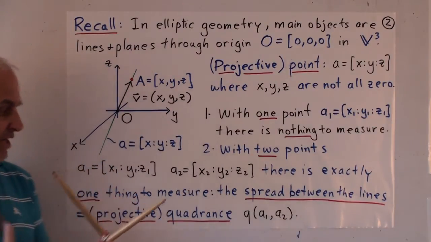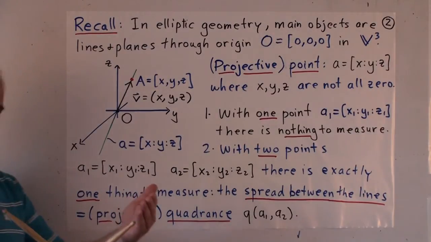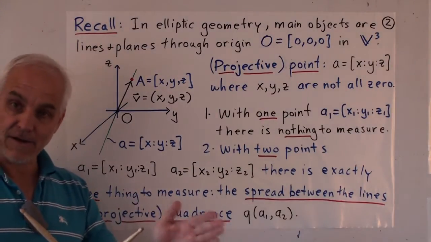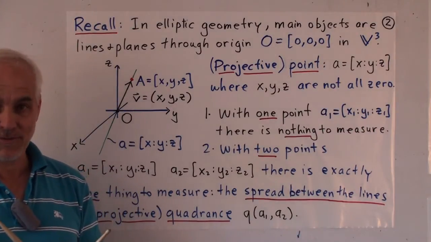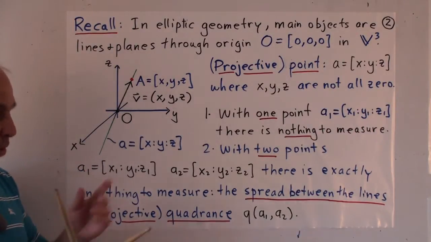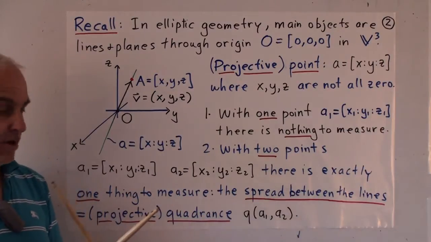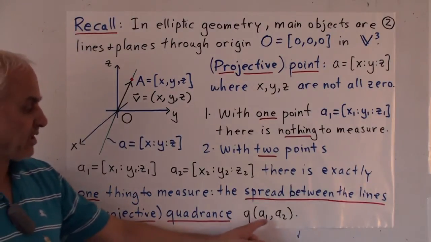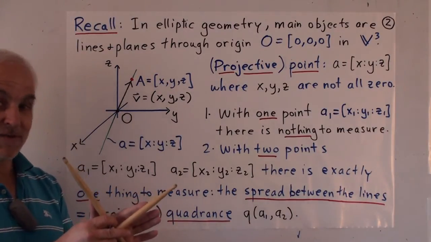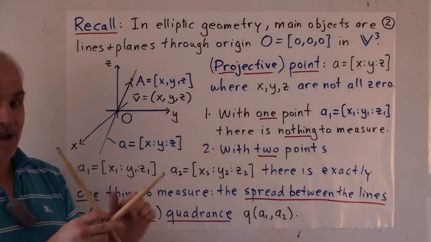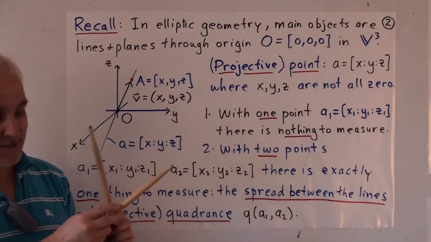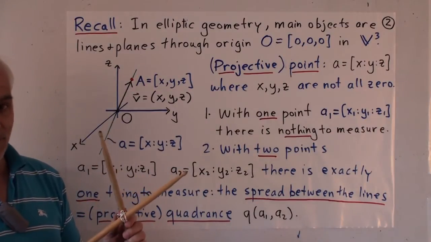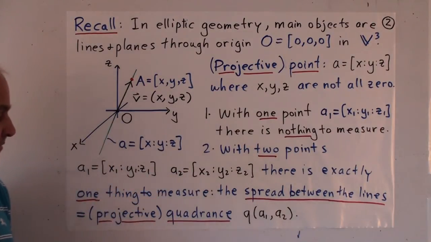So this is a projective variant of the affine rational trigonometry that we talked about in some earlier videos. Here the points are actually these projective points. And the quadrance between two projective points is in fact really the classical affine spread between the two lines that represent those projective points.